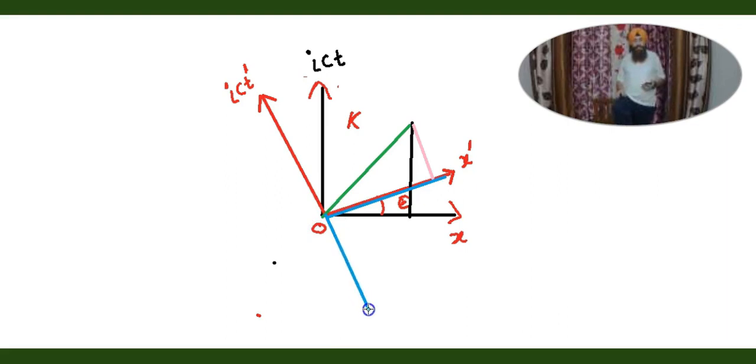Now I am making the components of x, one component along x dash and the other along its perpendicular direction. The component of x along x dash is x cos theta, and the other component becomes x sin theta.